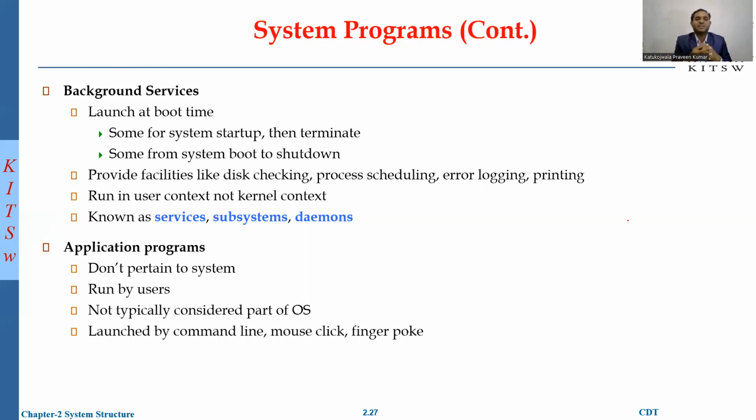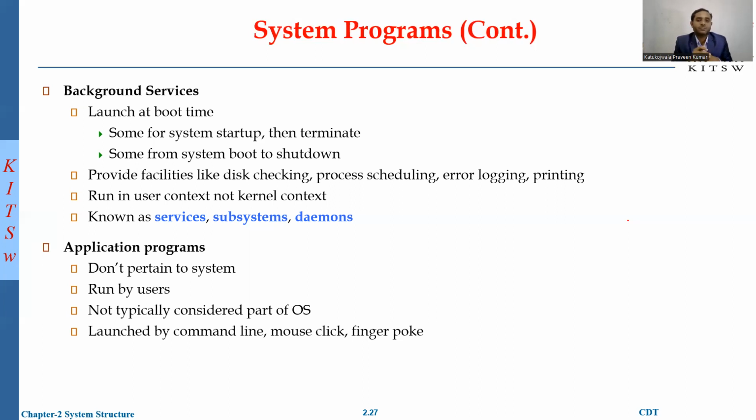It provides facilities like disk checking, process scheduling, error logging, printing. When you connect a printer, it is going to give you a pop-up window that your printer is connected with its number. These run in user context and not in kernel context. To run these system programs, it will not go to the kernel context. It will run in the user context. That is the reason the system programs run very fast.